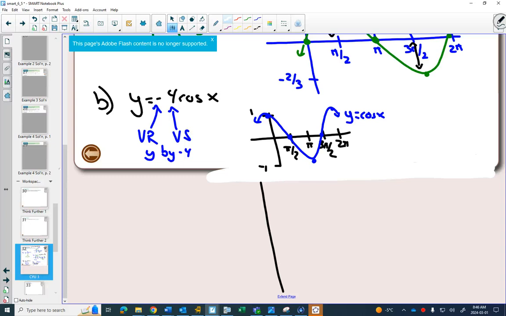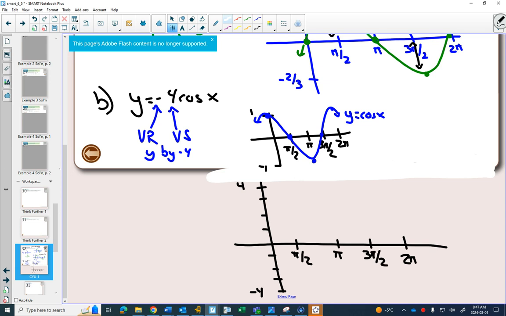So I'm going to draw a new graph. I'm going to go 1, 2, 3, 4 up, and 1, 2, 3, 4 down. And since only my y values are changing, my x values won't change, so I can still label my axes family. And a cosine graph normally starts at a maximum.